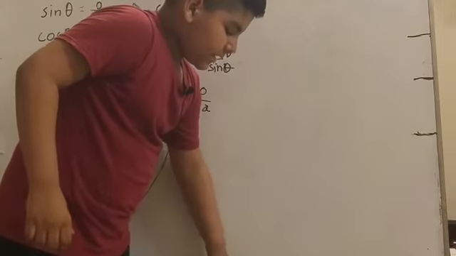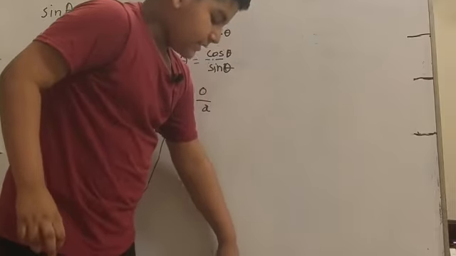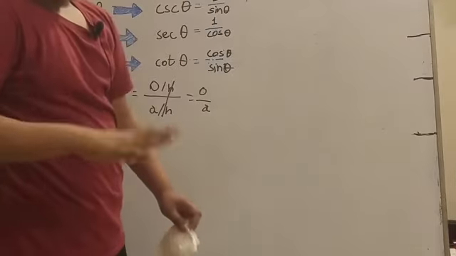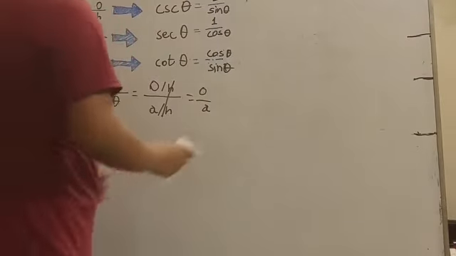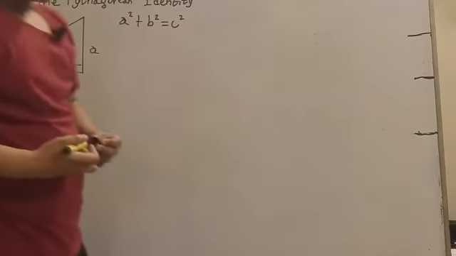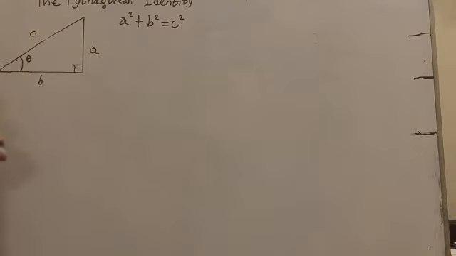Now that we have covered all these, let's learn some trigonometric identities. So the first identity group we're going to learn is the Pythagorean identity. For that, we have to bring back the Pythagorean Theorem.